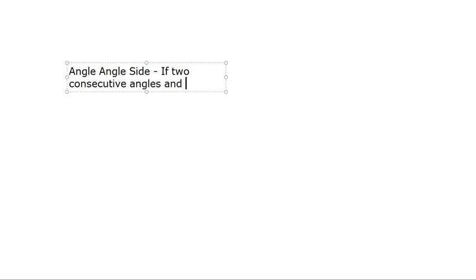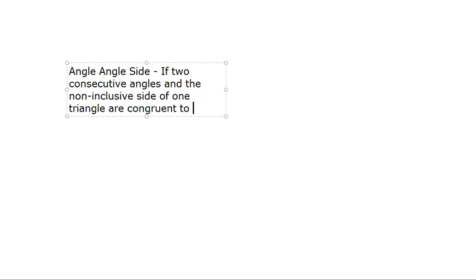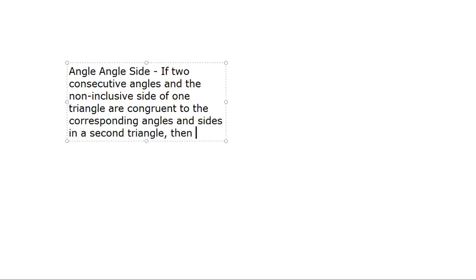So the angle-angle side postulate says if two consecutive angles and the non-included side of one triangle are congruent to the corresponding angles and side in a second triangle, then the triangles are congruent.